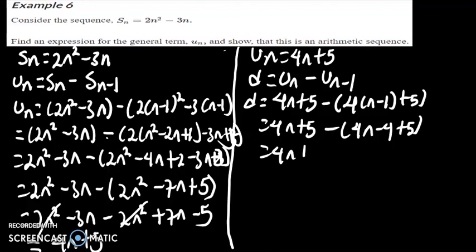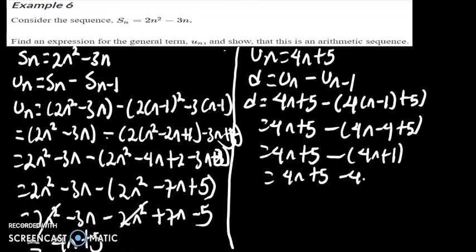So 4n cancels 4n. So minus 5 plus 9, that's 4. So our difference is 4.